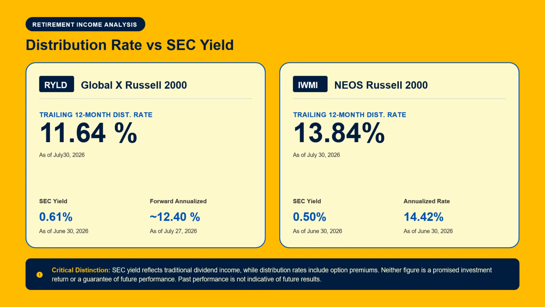So when we run through these numbers, now why do you ask what's the difference between the forward annualized and the trailing 12 months? What they do with the forward annualizing is they'll take what the last distribution was, divide it by the NAV, and then calculate out what it is over a 12-month period. So what you want to see is your forward annualized number higher than your current one. That means it's growing.